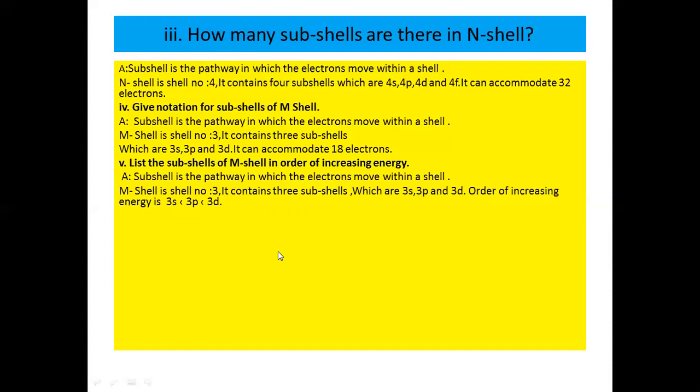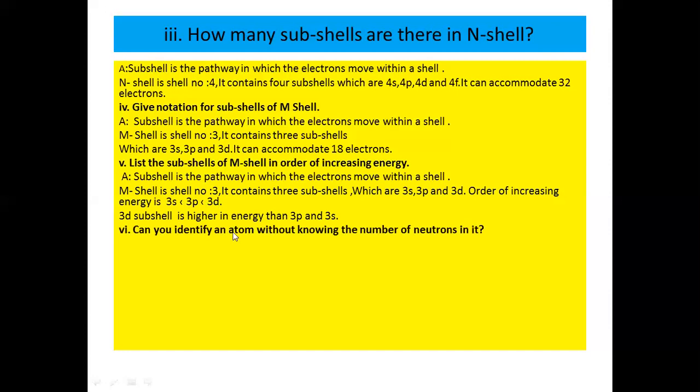And the order of increasing energy according to Bohr principle is that the energy of 3d is highest, and 3d subshell is higher in energy than 3p and 3s. 3s has least energy and 3d has highest energy. You must write this symbol, because this symbol will show the order of energy that is increasing from left to right.